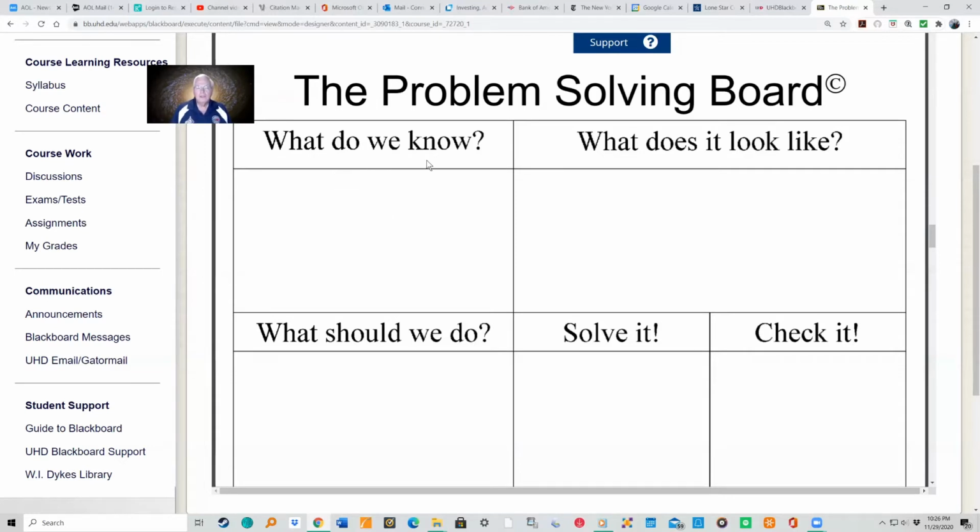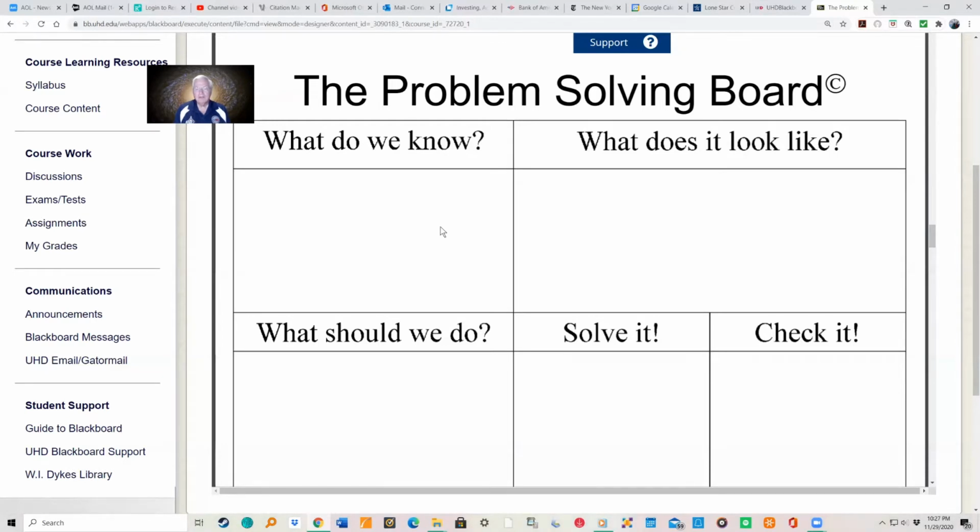You'll notice that these are put forward in terms of some very simple questions. And if you think back to our numerical fluency approach, remember those were simple questions also. In this case, the questions are, what do we know? What does it look like? What should we do?